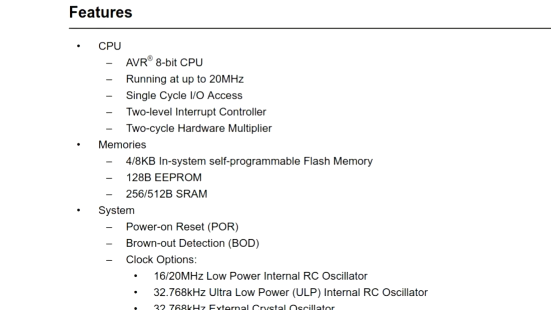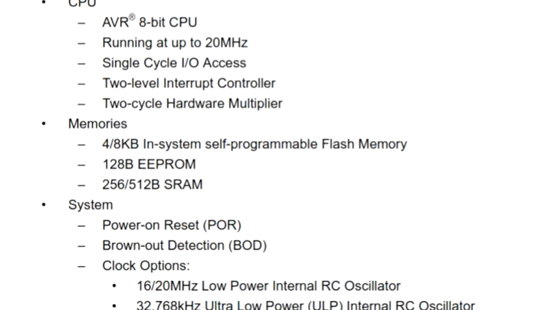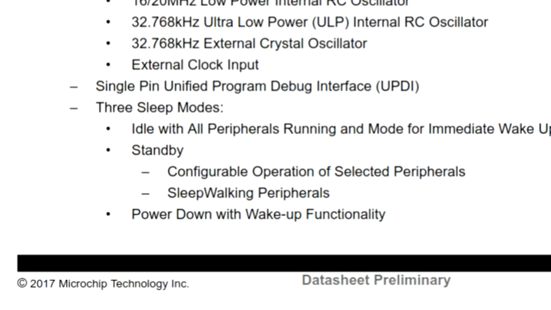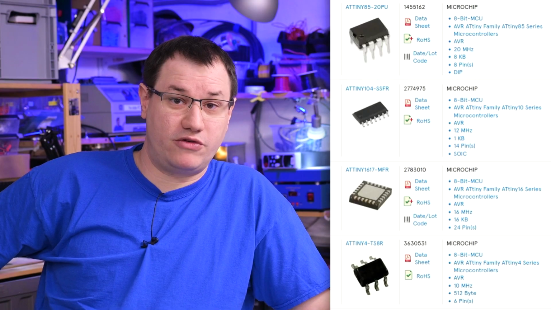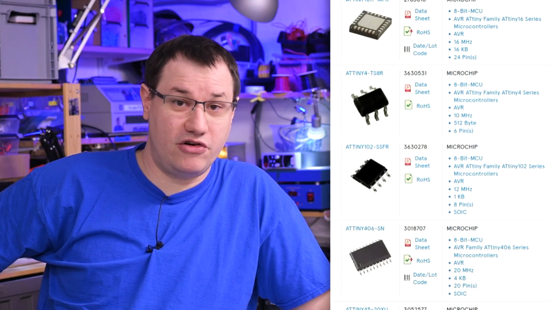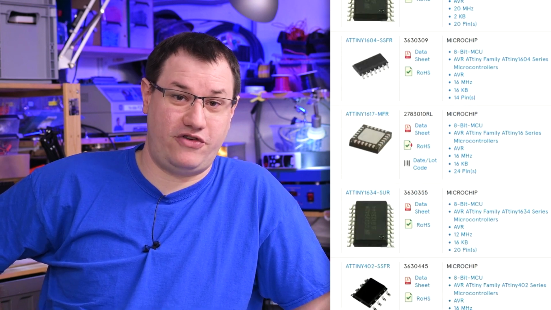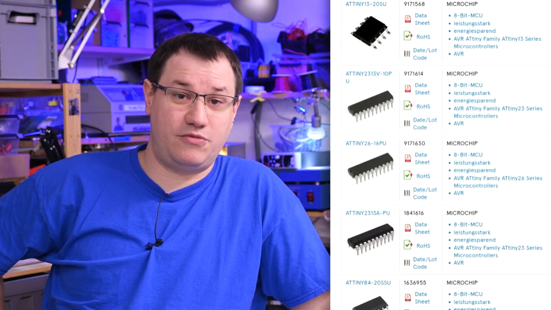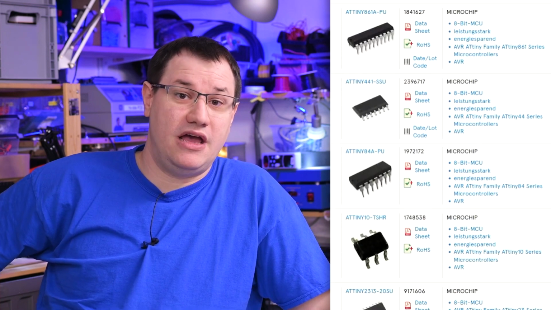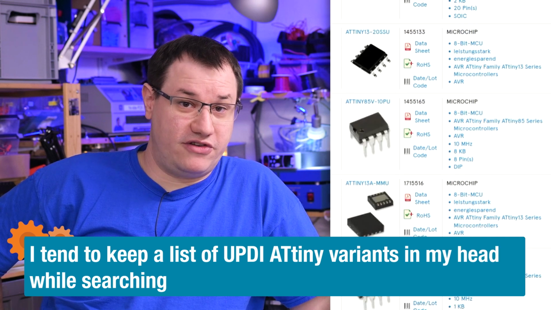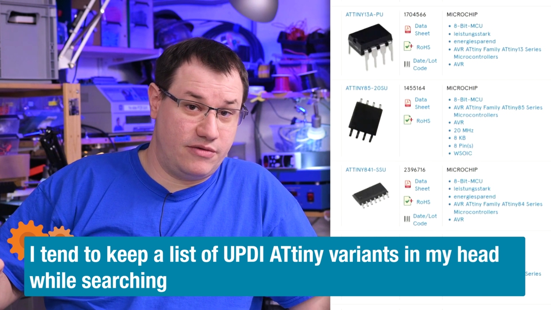You should know that before just choosing your weapon of choice. Not all ATtinys are created the same, so if you want one that uses UPDI, you better read the datasheet, because there are older generations of ATtinys that used ICSP, like the ATmegas. So be aware of these differences and read the datasheets before you commit to a platform, which I partially did.